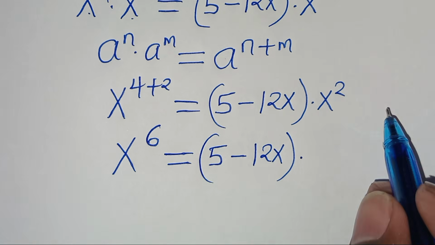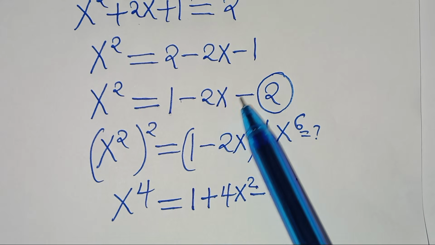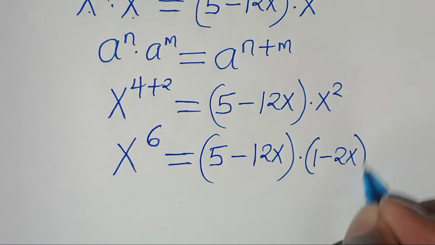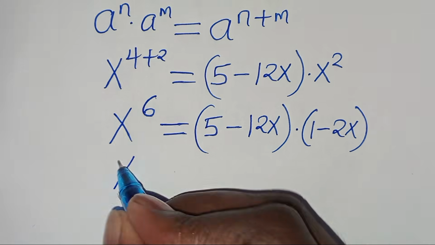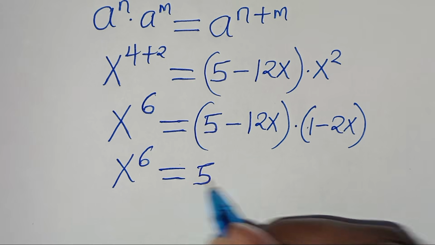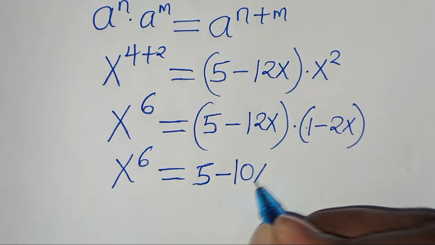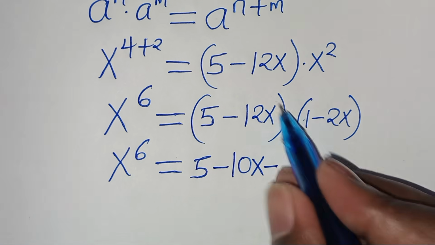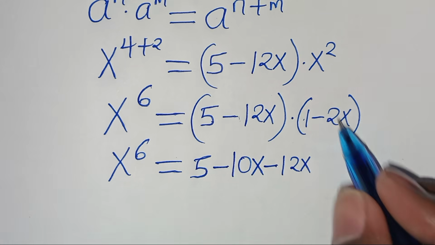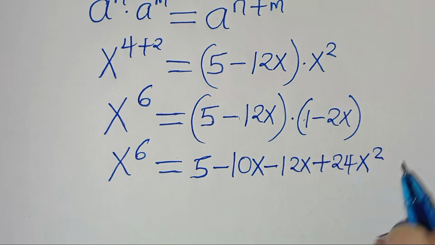For x to the power of 2, from equation 2 we have 1 minus 2x. So let's multiply by 1 minus 2x. So x to the power of 6 is equal to 5 times 1, which is 5, minus 5 times minus 2, which is minus 10x. Then we have minus 12x times 1, which is minus 12x, then minus 12x times minus 2x, which is plus 24x to the power of 2.